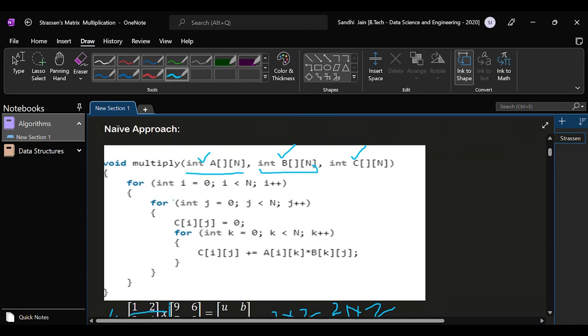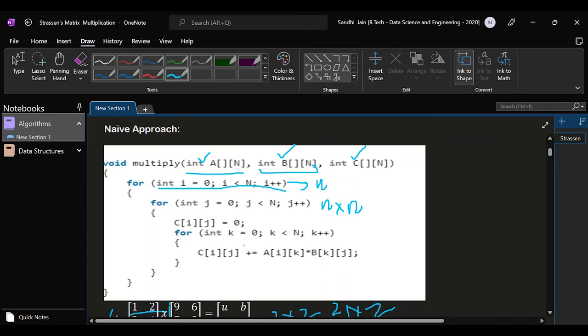And what is the time complexity for this statement? This would be n. This one would also be n. But since it is nested, it will be multiplied with the time complexity of the upper statement, which is n. So this would be n square.